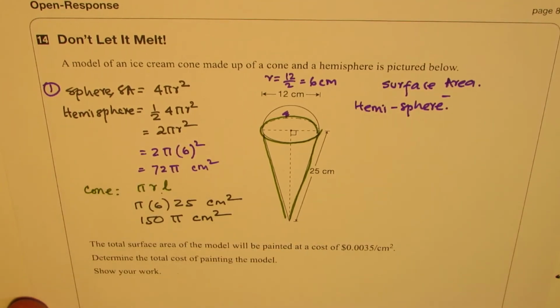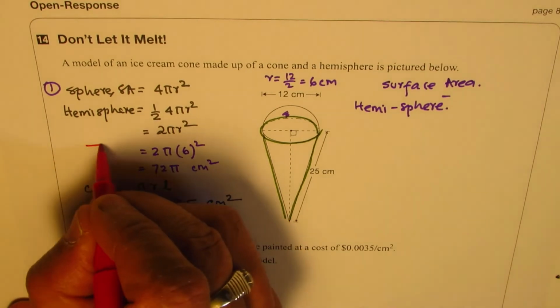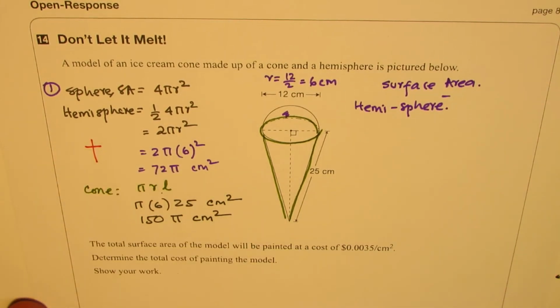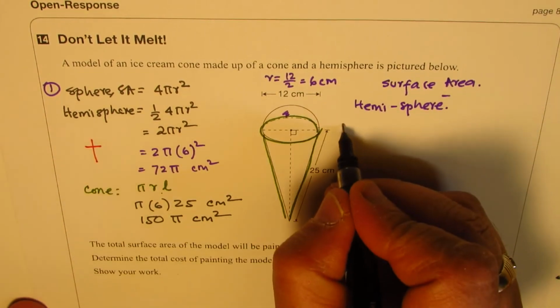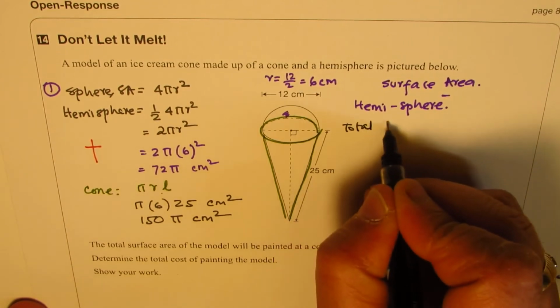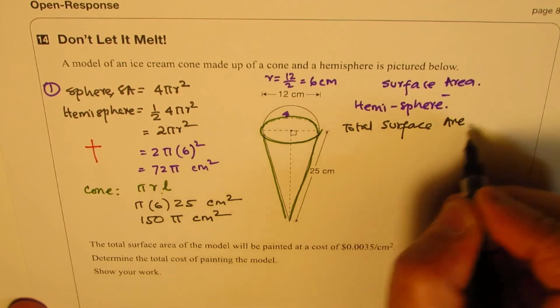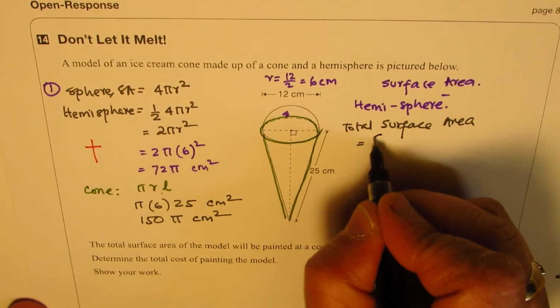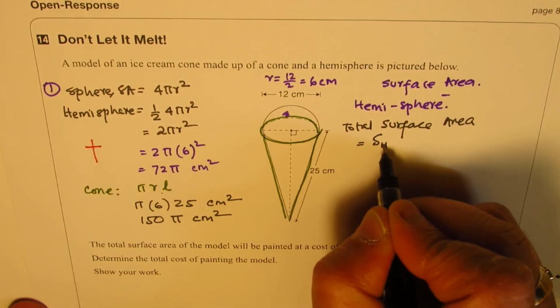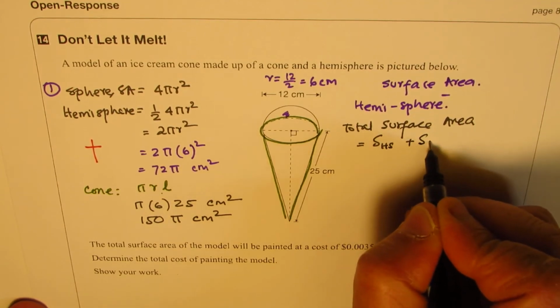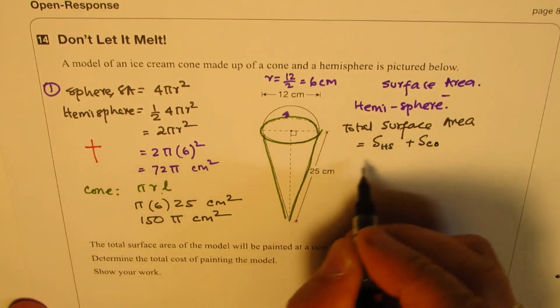Now we are looking for total surface area, so we are going to add both of them, right? So when you add both of them, let me write down here total surface area, which is equal to surface area of hemisphere plus surface area of cone, right?